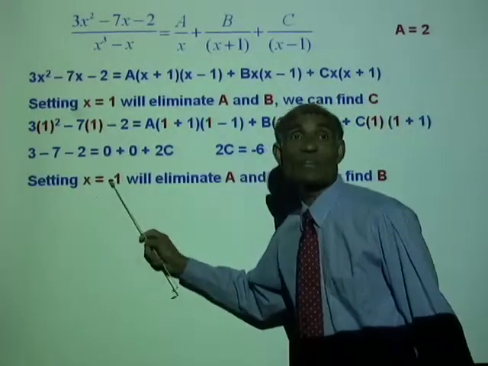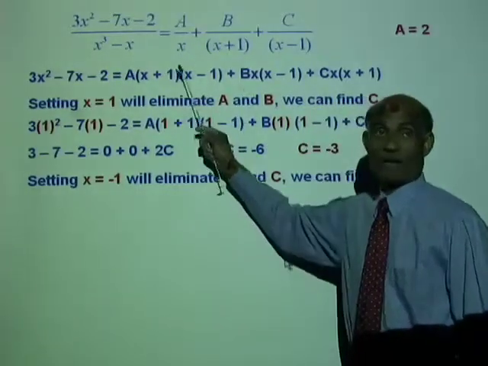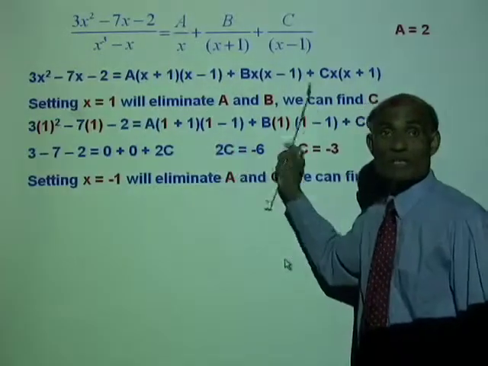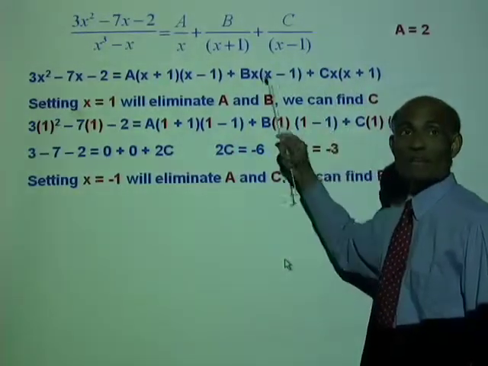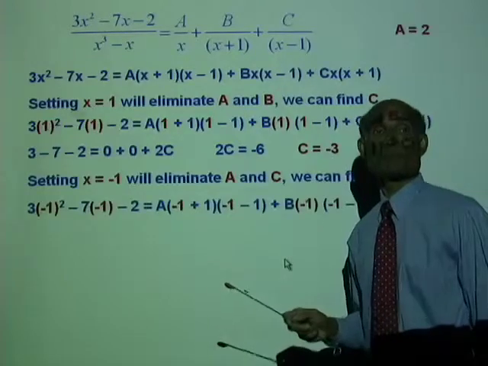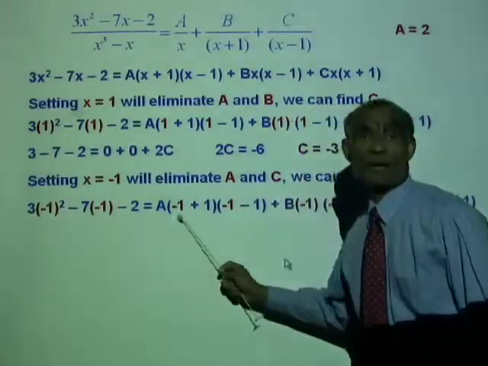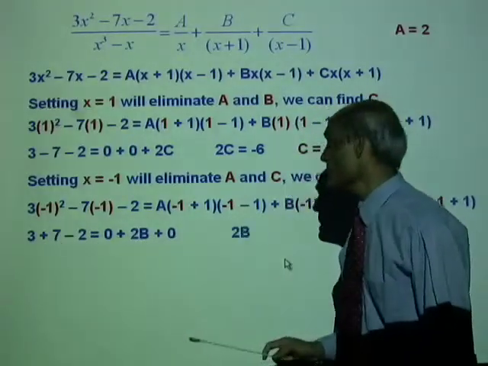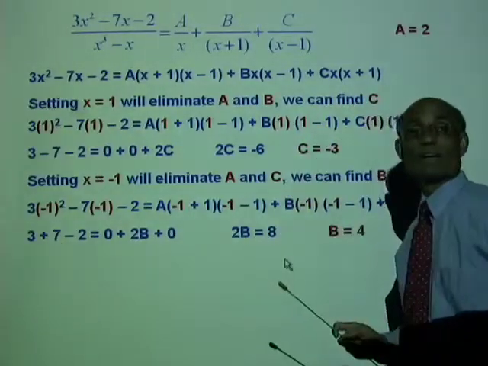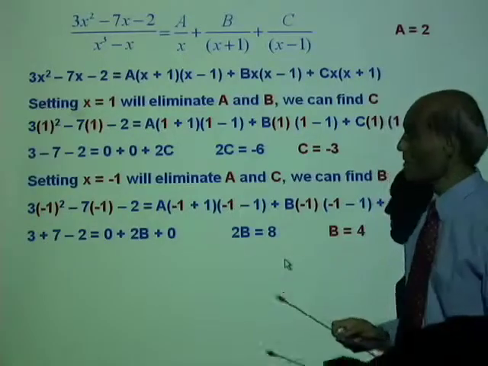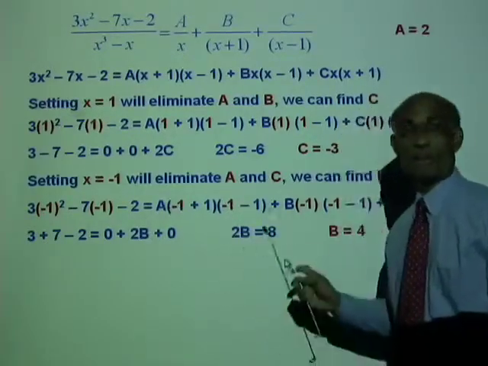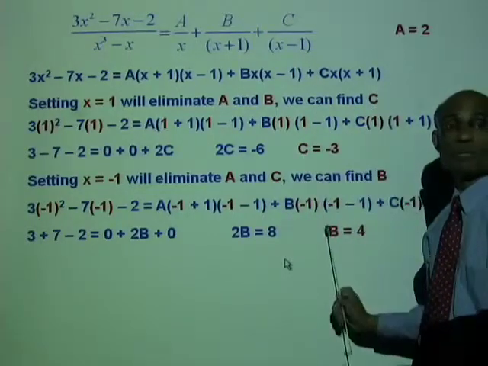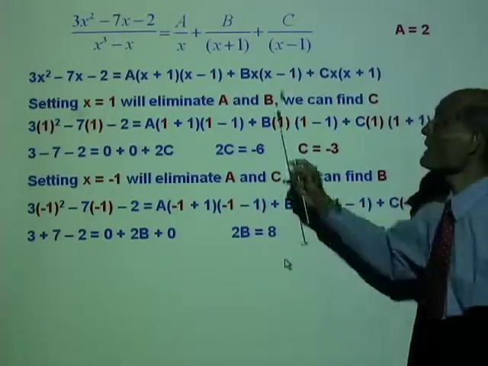Alright, let's set x equal to negative 1. Well, actually if you set x equal to negative 1, a will be eliminated, c also will be eliminated, we can find b. Alright, and that's what you have, and that will give you b equal to 4. Okay, that's not a big problem for you. Now you have the values of a equal to 2, b equal to 4, and c equal to negative 3.